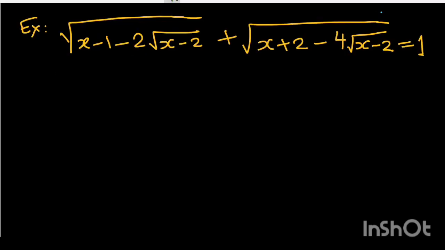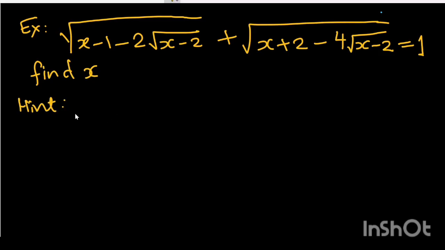So guys, let's try this: under root of x minus 1 minus 2 times under root of x minus 2, plus under root of x plus 2 minus 4 under root of x minus 2, equals 1. Solve for x. How can we proceed with this?